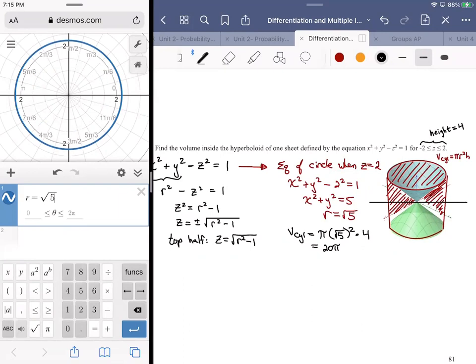We want the whole shebang. Okay, so I can get my double integral going from 0 to 2 pi, going from 0 to root 5, focusing only on the square root of r squared minus 1, r dr d theta.